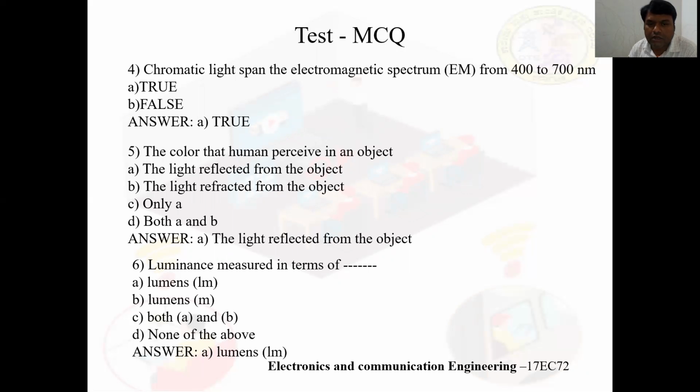Luminance is measured in terms of lumens: lumens meter, lumens LM, lumens M, both A and B, none of the above. The answer is lumens LM.